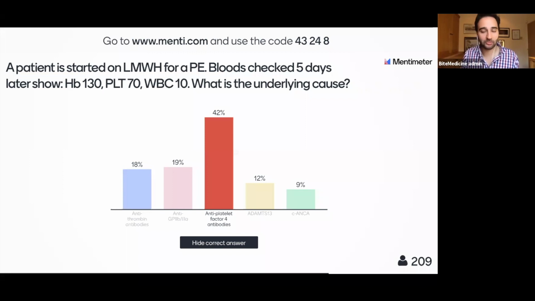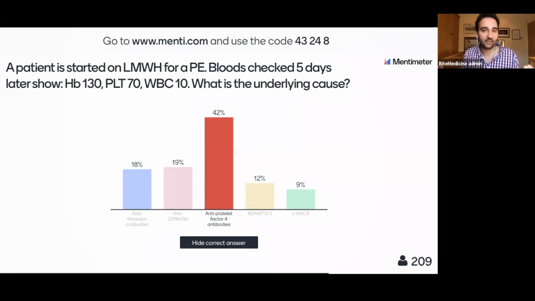So what happens is that you give a patient heparin. Heparin binds to platelet factor 4 and forms the heparin platelet factor 4 complex.